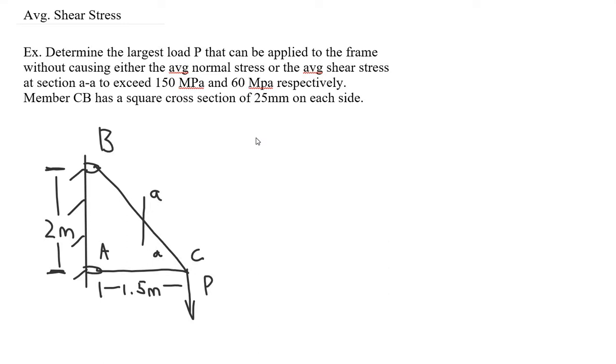So as we can see, the cut made by AA is a vertical line. So we have to figure out the area of AA.